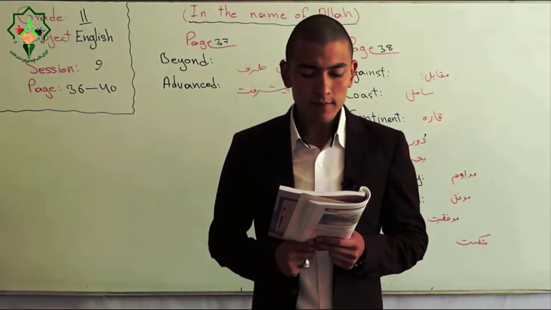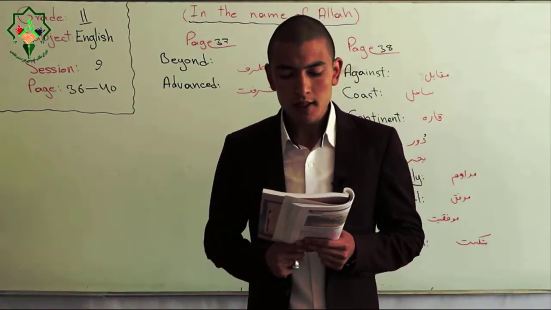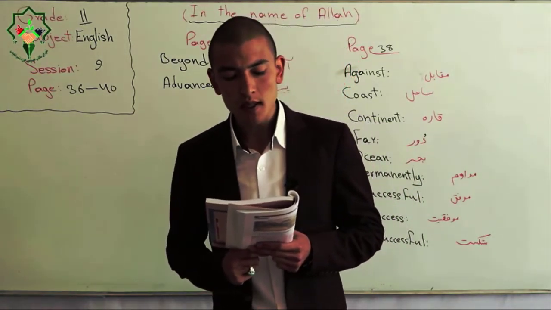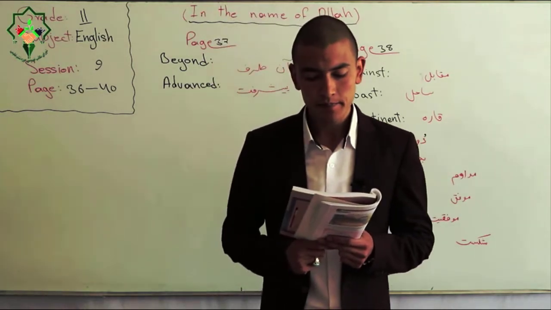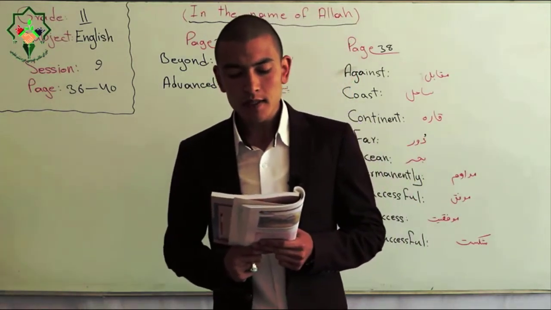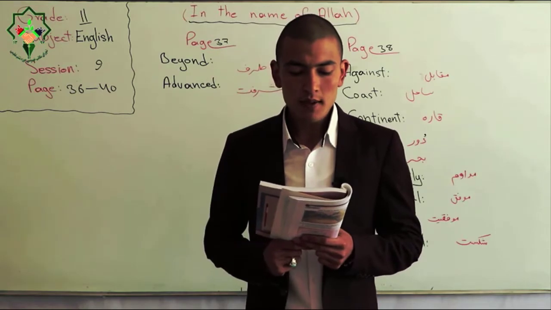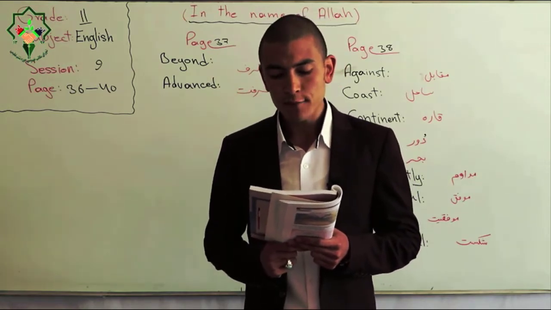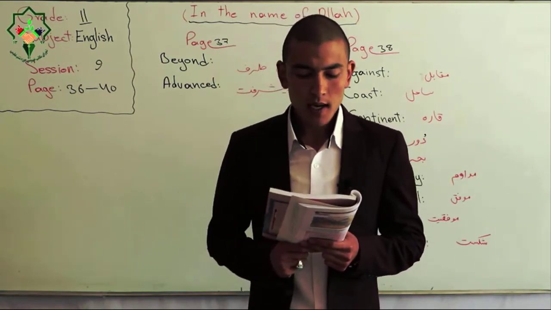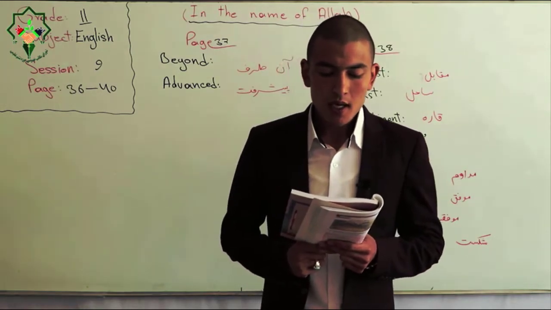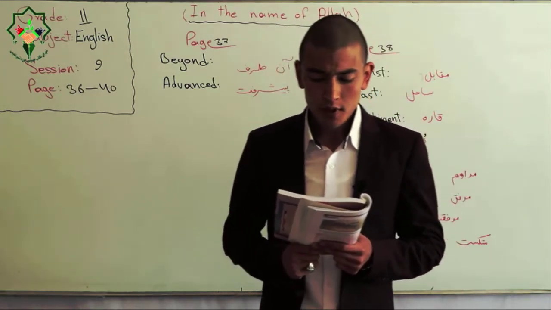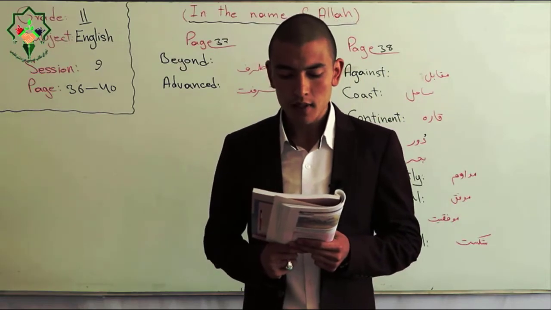As the Muslims advanced to the north, they were met by soldiers of the Roman Empire. In 634 AD, the Muslims captured Damascus from them.